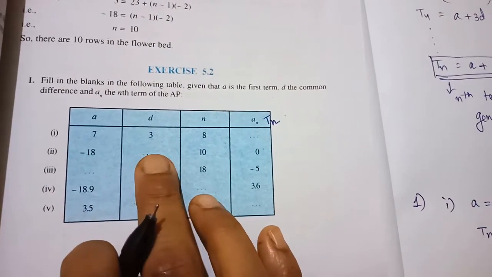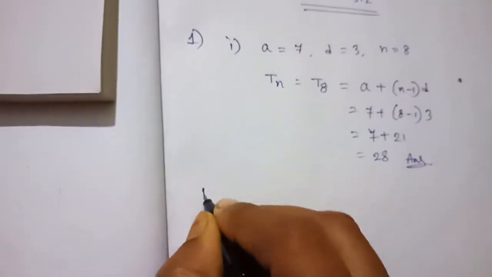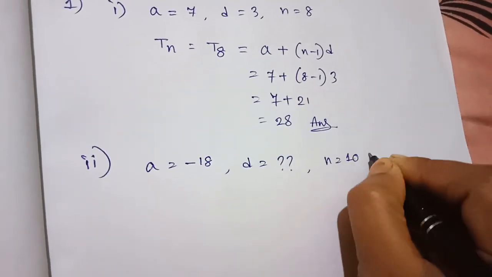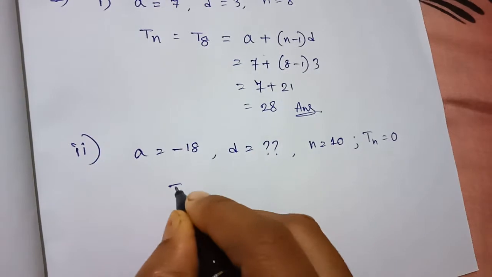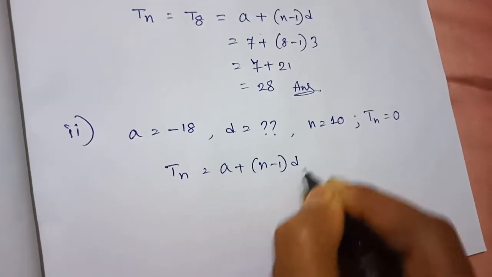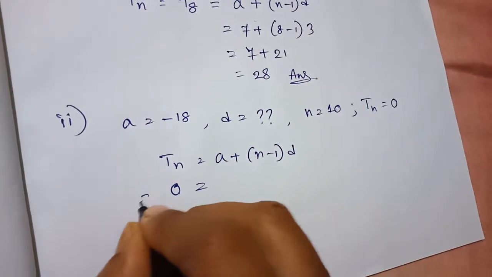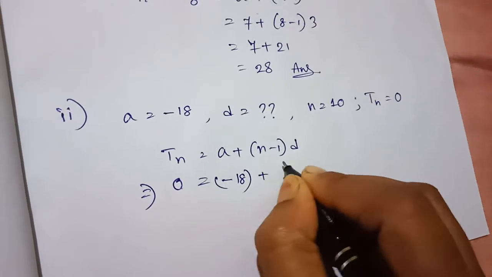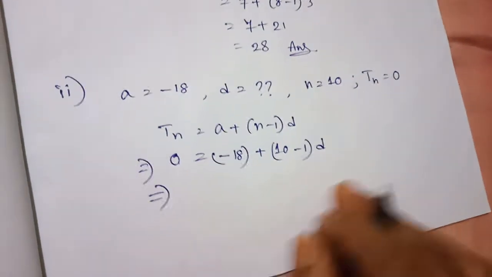Now number 2, the same formula. Here you have to find out D. D is missing, the other 3 are given. A equals minus 18, n equals 10, Tn equals 0. We again put the same formula, Tn equals A plus n minus 1 into D. Tn's value is given as 0, so we put 0 in place of Tn, and A is minus 18, plus n means 10, 10 minus 1, into D, because D's value is unknown here.